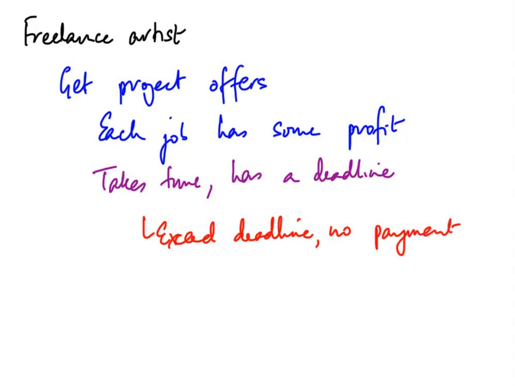So now here you have various jobs with different profits and different deadlines, and you can only do one job at a time. So you have the constraint that you can't work on more than one job at one time.